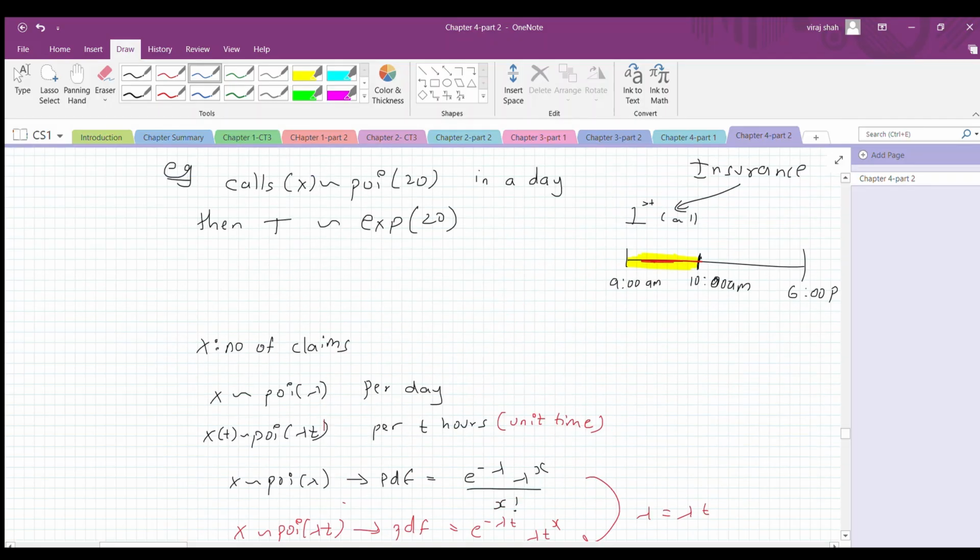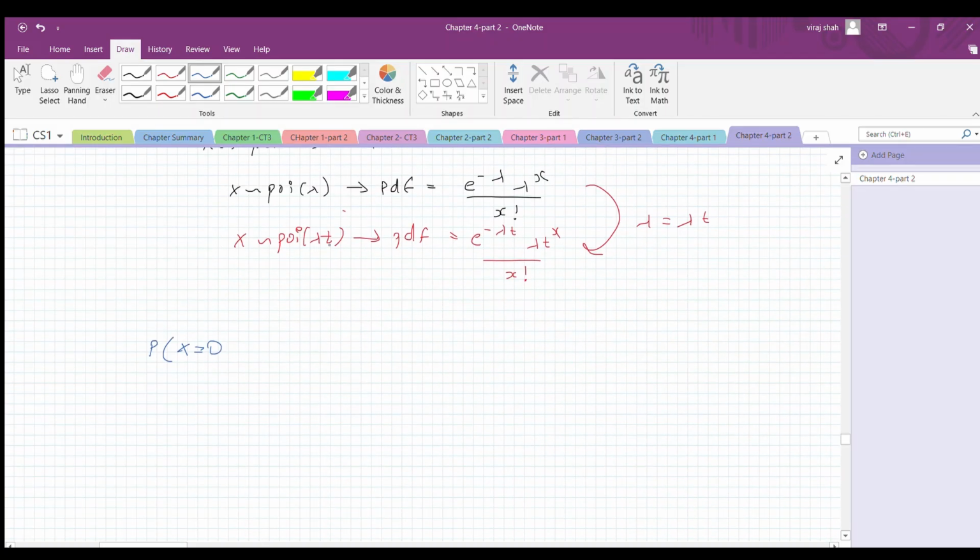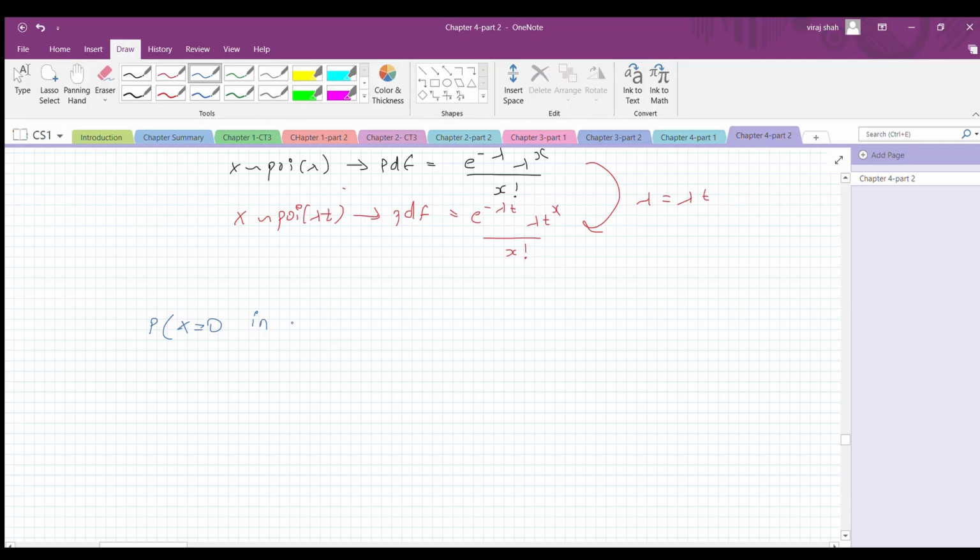X is the number of claims in at least t hours or t unit time, which means I have to wait for at least t hours, and in which I receive zero claims. So basically, receiving zero claims is P of x equal to 0.